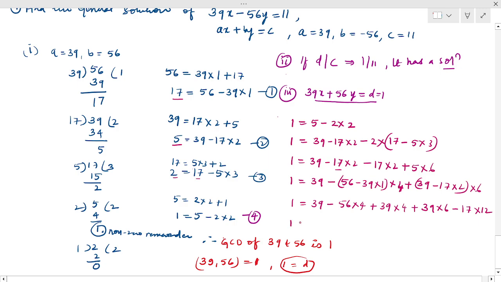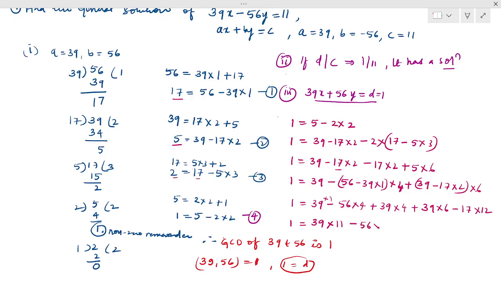Now 1 is equal to how many 39 values? 39 into 1, 39 into 4, 39 into 6, which is 11.